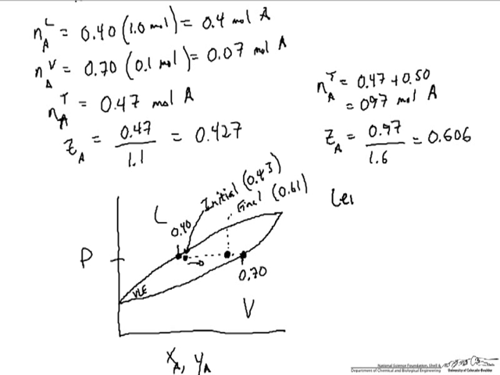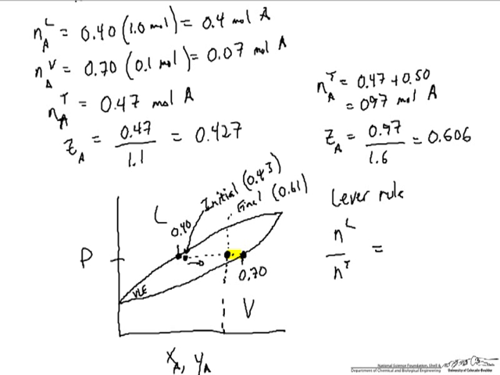If we remember from applying the lever rule, what we want to determine is the amount of liquid, which I'll refer to as N sub L, relative to the total amount that we have. If we treat our total composition point as the fulcrum for our lever, the amount of liquid is proportional to the length on the opposite side of the fulcrum from where the liquid is actually located.